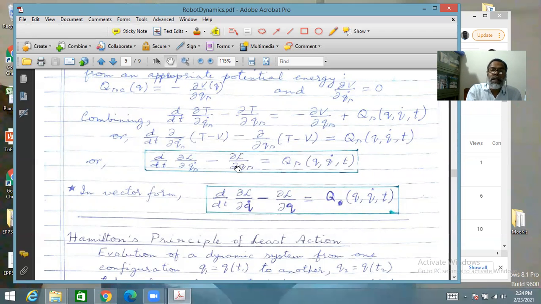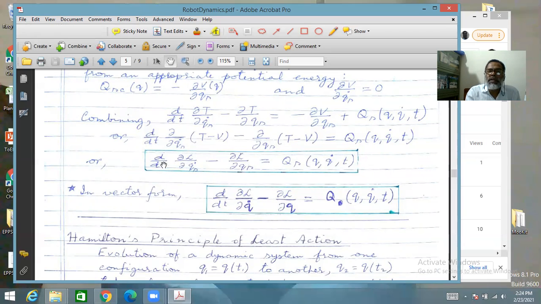So this is the Euler-Lagrange dynamic equation, and the way to get the actual equations is to construct the kinetic energy and the potential energy, take the difference, call it the Lagrangian, and then conduct all these differentiations.